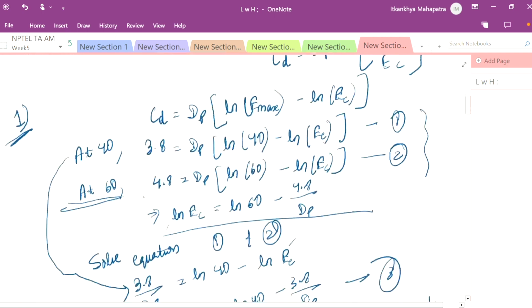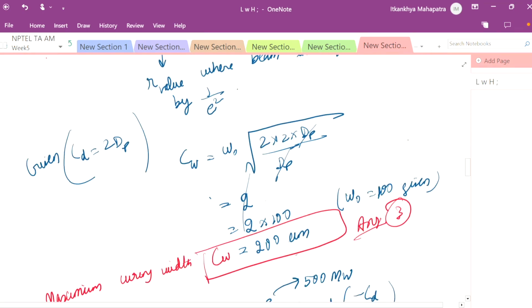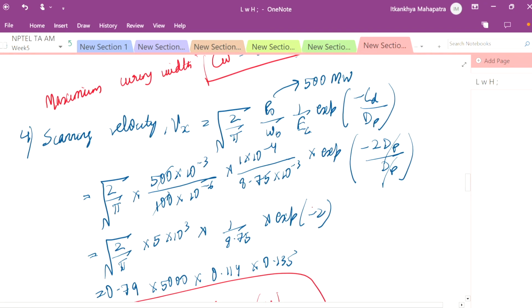Now next is the scanning velocity. You have been given the formula, so you just have to find out the values. EC you already found out earlier. CD and DP: CD is 2 times DP, you will use the condition. The power is given in your question, 500 milliwatt, and similarly you put all the values and solve for scanning velocity.